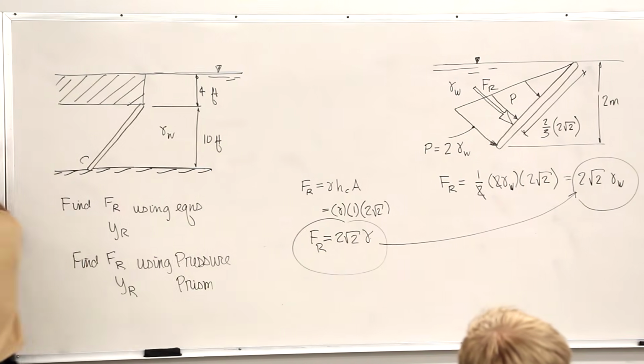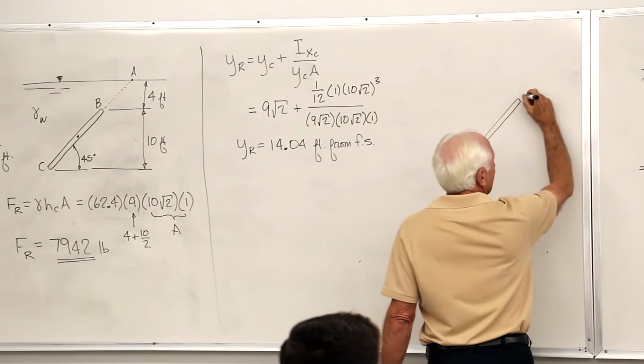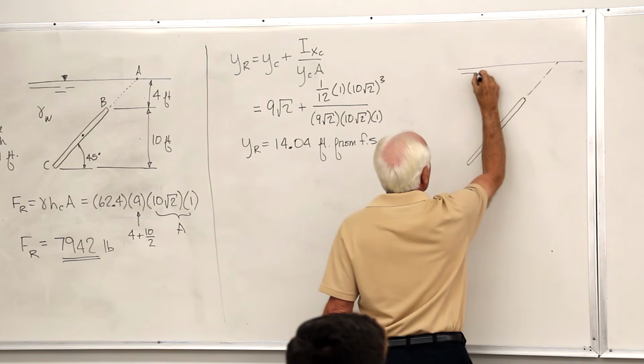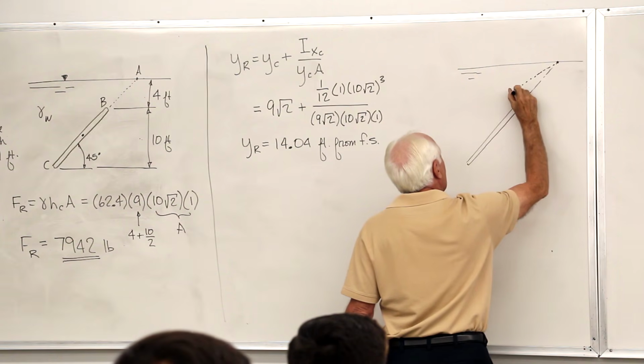The pressure on that gate, just so you know what you're looking at: the free surface, pressure starts out 0 at the free surface.